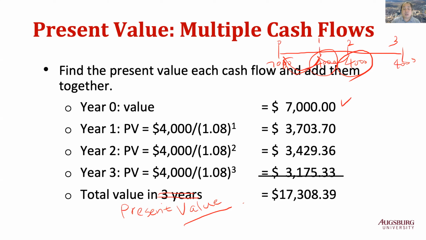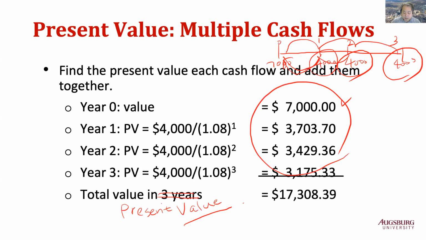So $4,000 divided by 1 plus 8% square, $3,429.36. Year three, 4,000, 3 year back to the present. So 4,000 divided by 1 plus 8% to the third, $3,175.33. If you add them up, then $17,308.39 will be the present value.